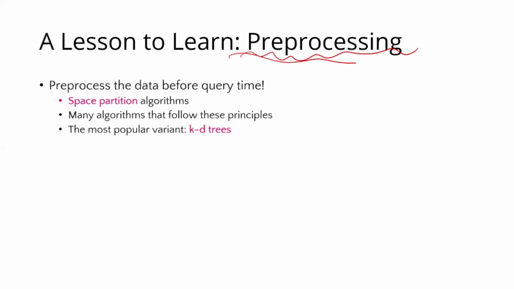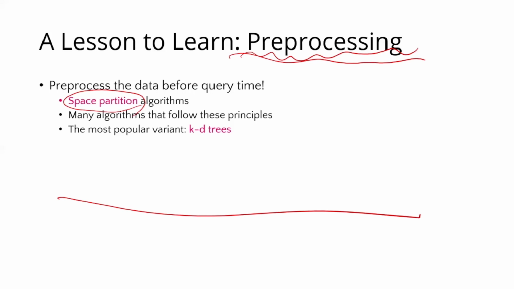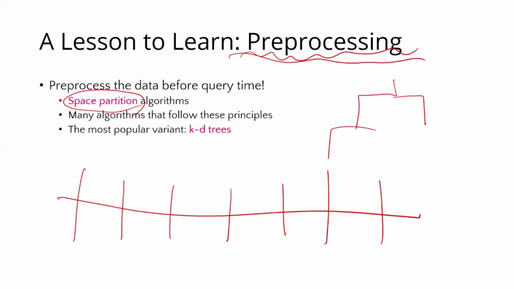This pre-processing is sort of a partition of a space. So you have a one-dimensional space, and then you somehow partitioned the space into a binary tree, right? And that's the idea that we're going to apply to a larger dimensional space as well.